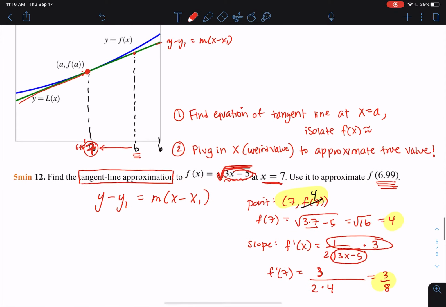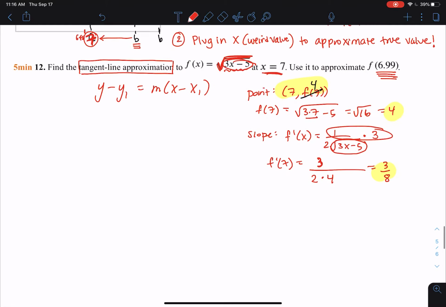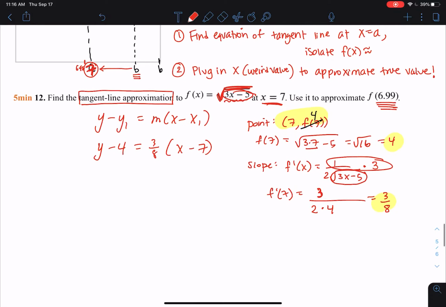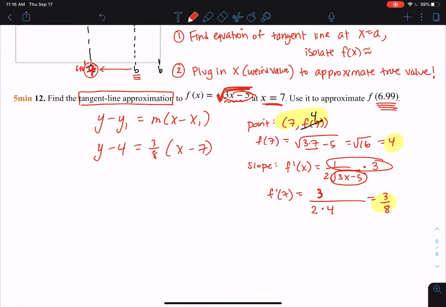Please understand what's going on. We found the point, we found the slope, we're writing the equation of a line. So y minus y1 equals m, the slope, that's 3/8, the derivative at 7, times x minus the x value. Okay, so we did step 1. We found the equation of the tangent line, and now we're going to isolate f of x. So this is our f of x. I want you to move the 4 to the other side, so we can get y by itself.